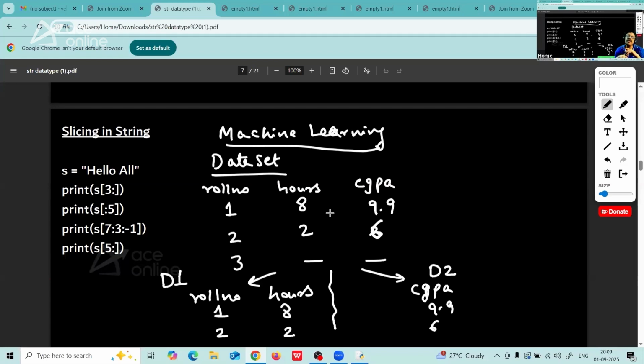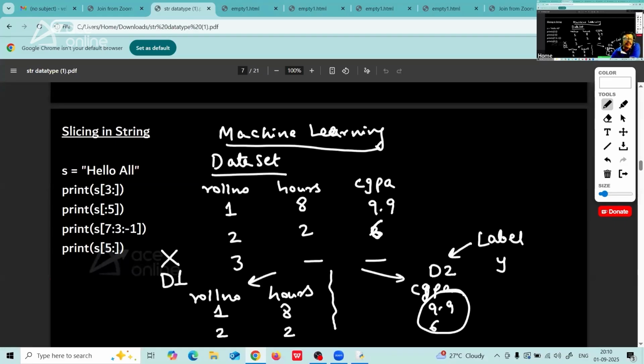But when we will do this, we will directly use it. Then we will not learn, oh, this is slicing, look, this happens, and so on. By the way, in machine learning context, this is called X, your input, and this is called label Y, your output.